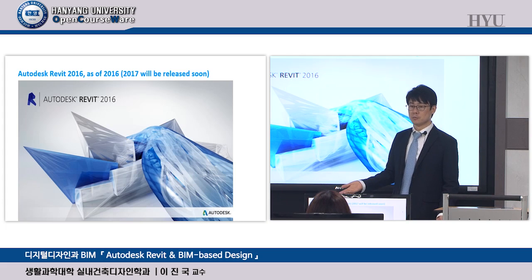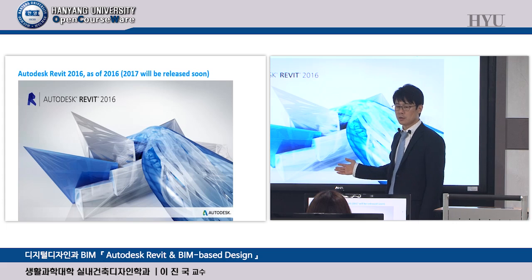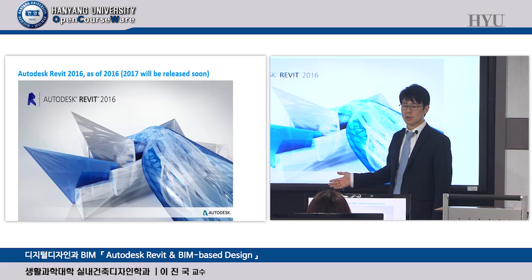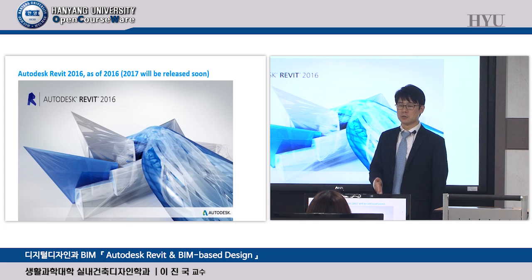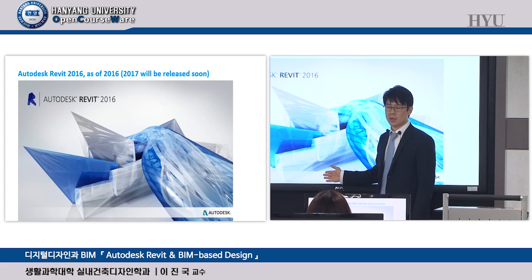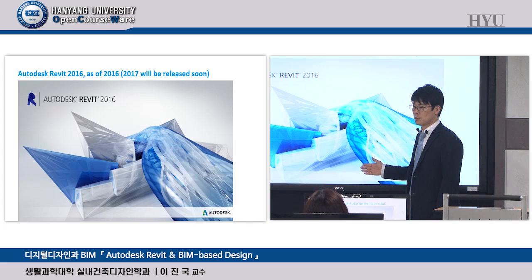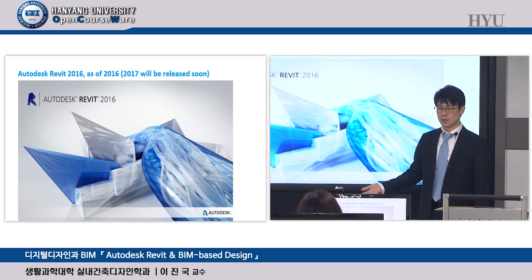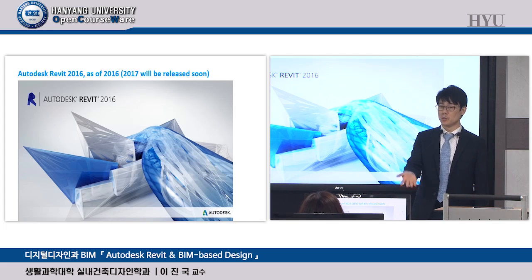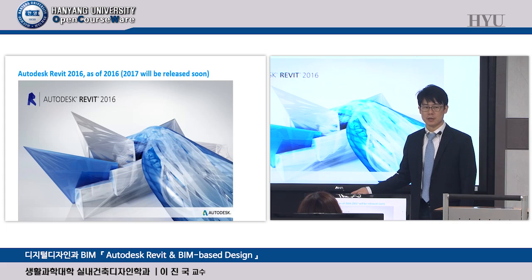And I'm one of the developers researching and developing such tools for the future. But anyway, a computer cannot determine or make the final decision, and a computer doesn't have any responsibilities. Thanks to that fact, designers and architects are still needed, because you have responsibilities for your design.